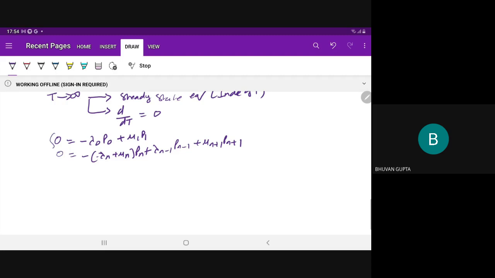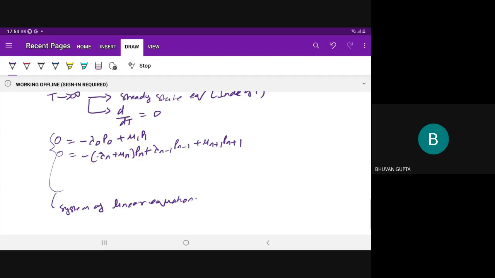Now these are a system of linear equations. Instead of differential equations, now we have a system of simple algebraic equations.